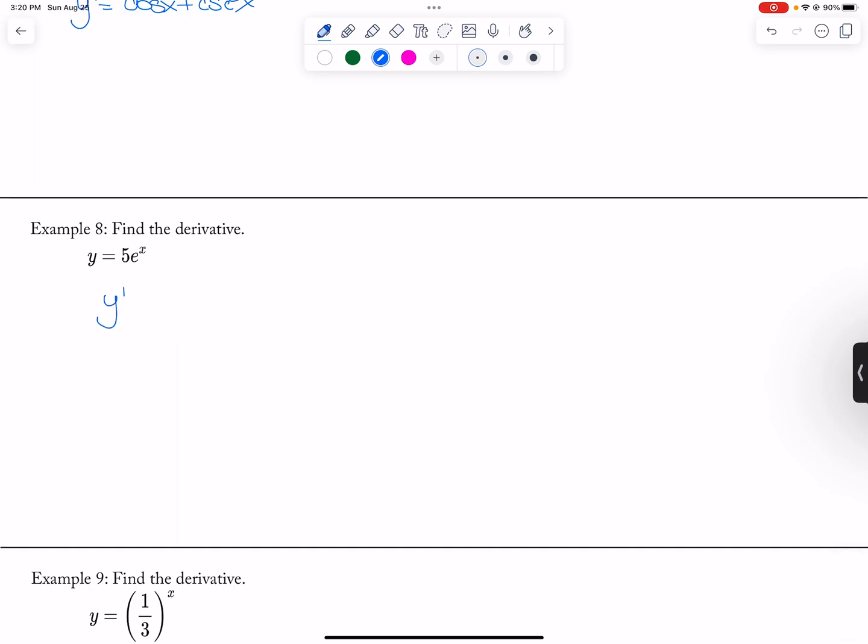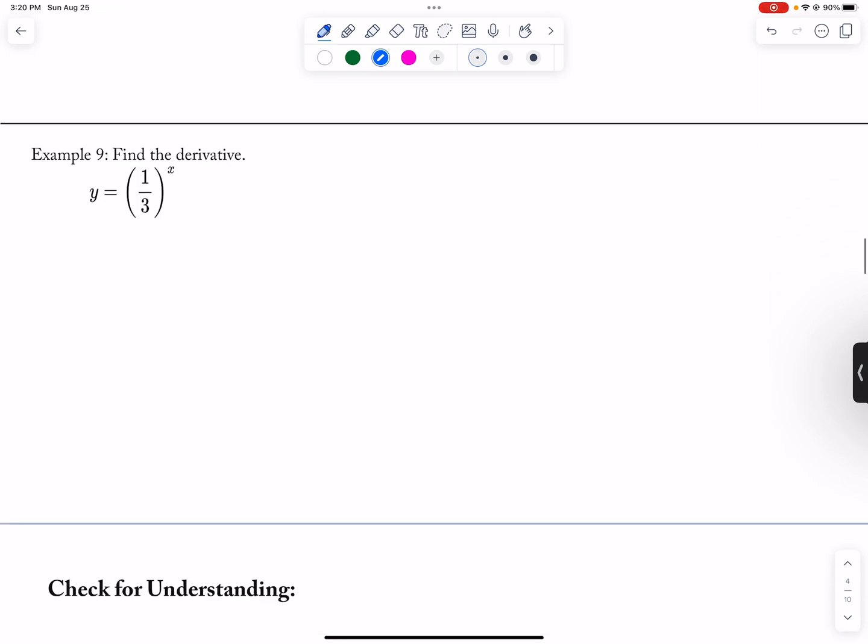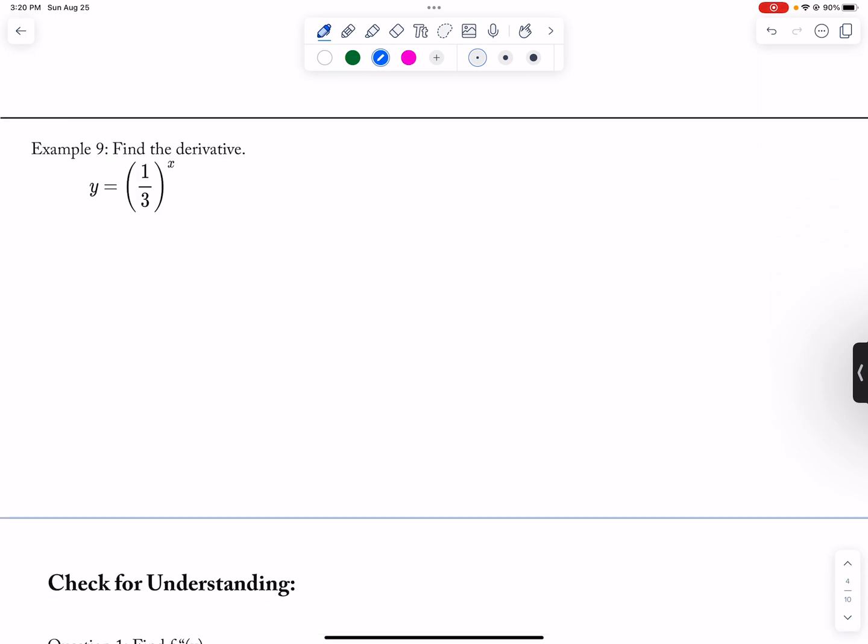Derivative of 5e to the x is just 5e to the x. And then the derivative of 1/3 to the x power. So this is like a is equal to 1/3. So my derivative is a to the x ln of a. So y prime is 1/3 to the x power ln of 1/3.